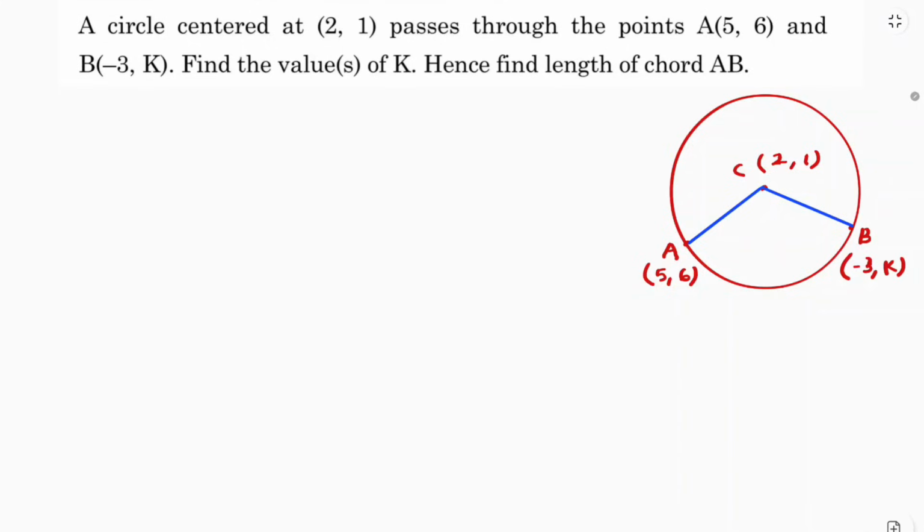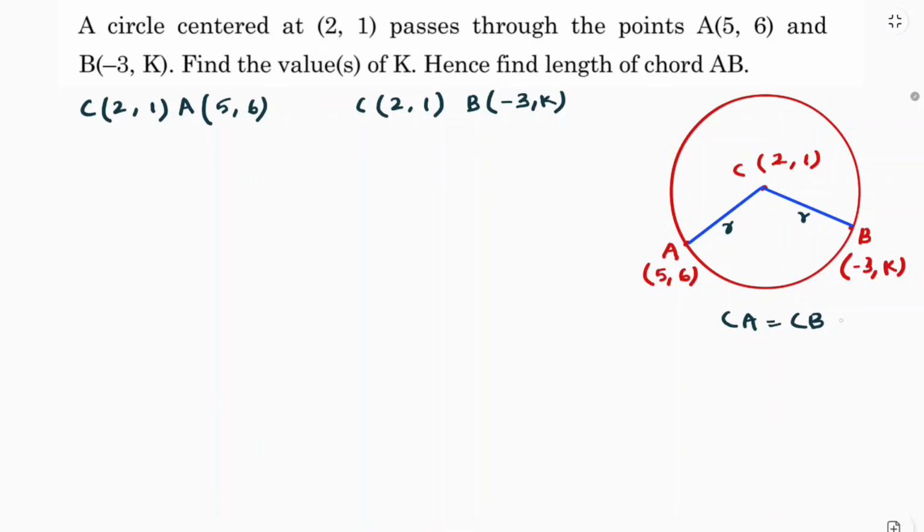So here it's clearly given that CA distance will be equal to CB distance because both are radius. Then I'll get k. CA equals CB equals radius.